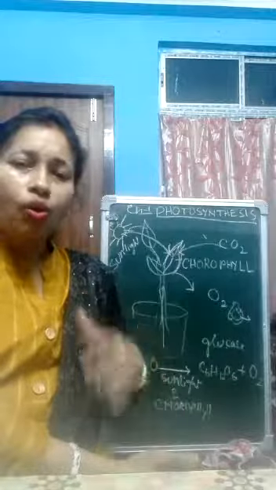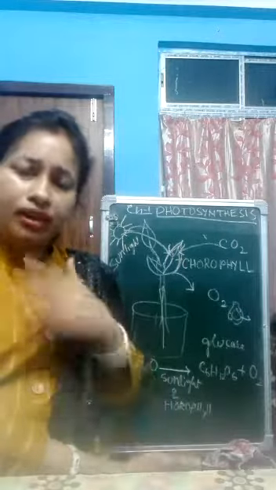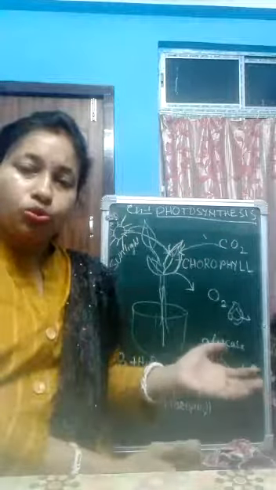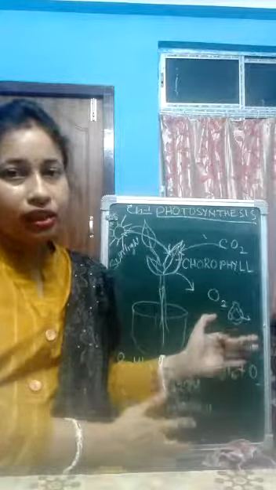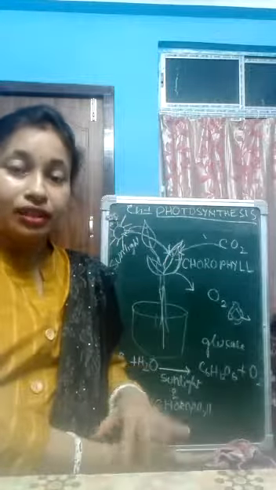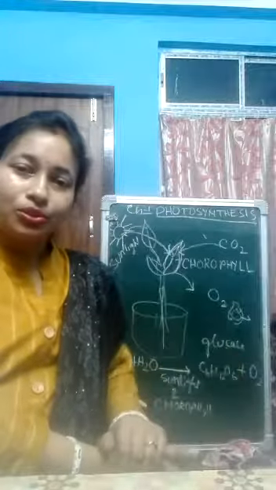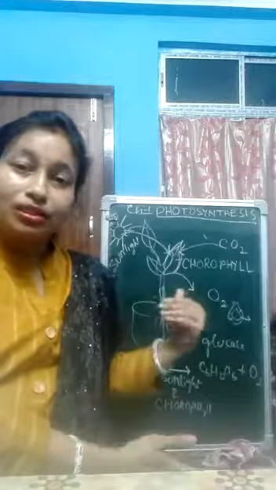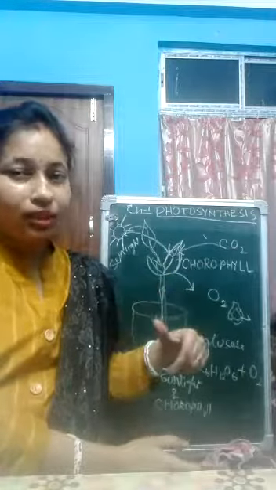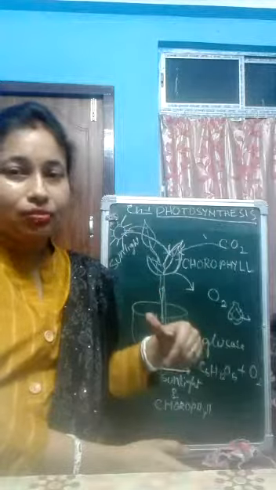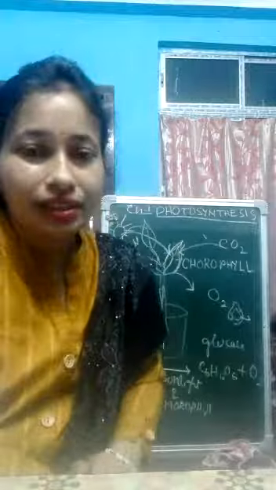All the living organisms, any animals, need oxygen for respiration, and that is given by these plants. So this photosynthesis balances the oxygen level and carbon dioxide level in the atmosphere. So this much you have to study today.